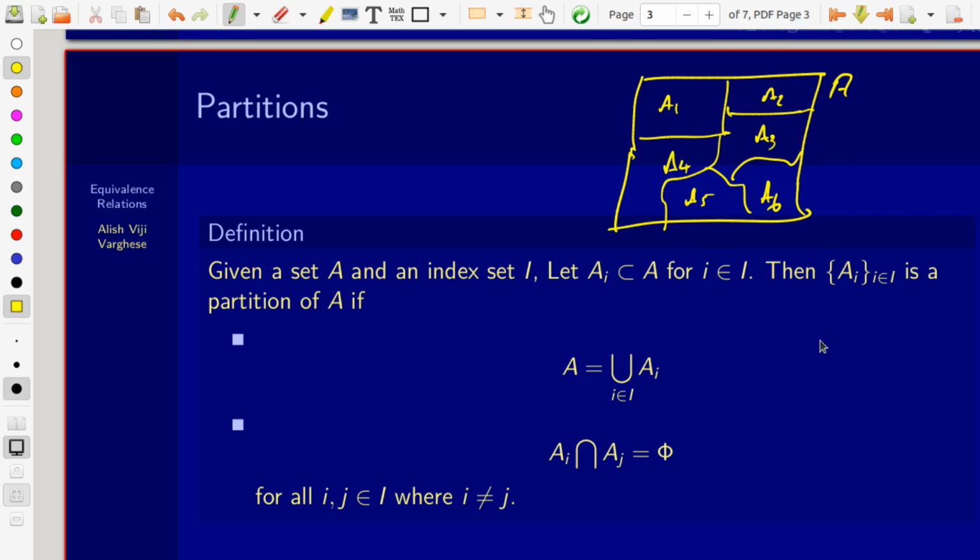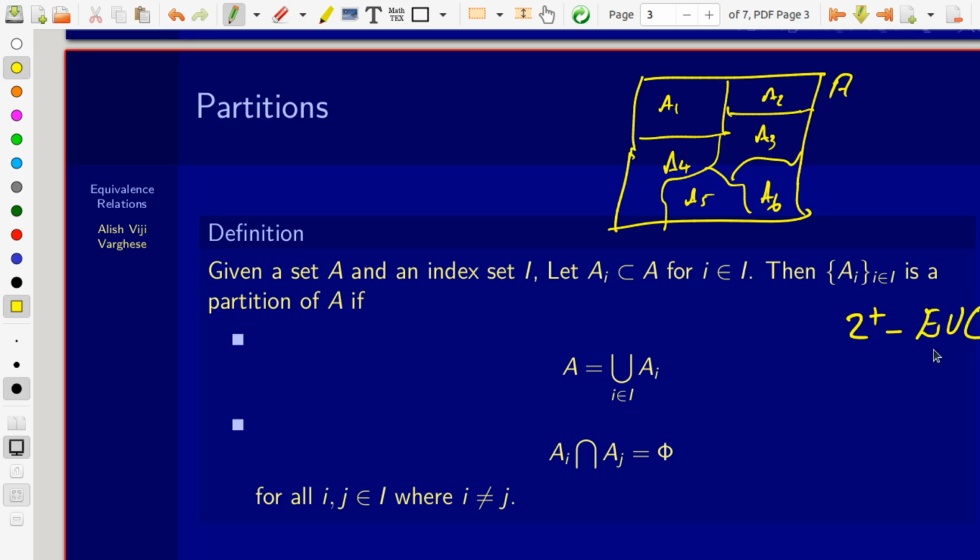For example, if you consider the set of all positive integers, then it can be written as the union of two sets, the even numbers and the odd numbers.